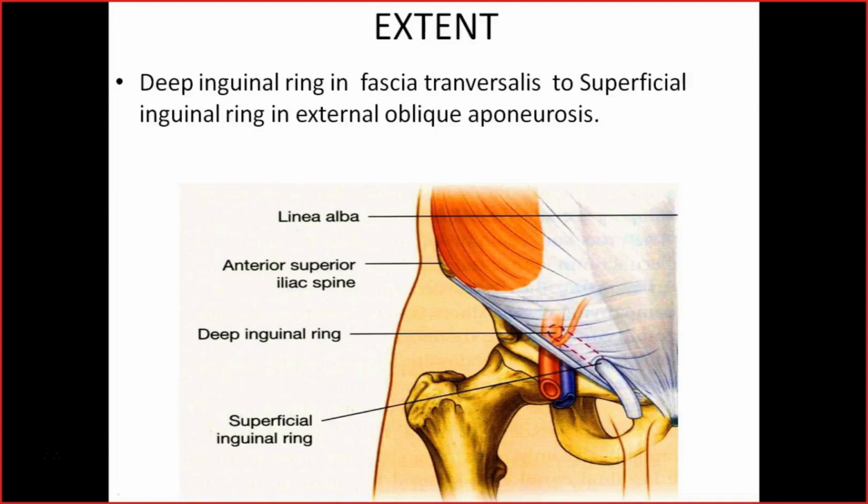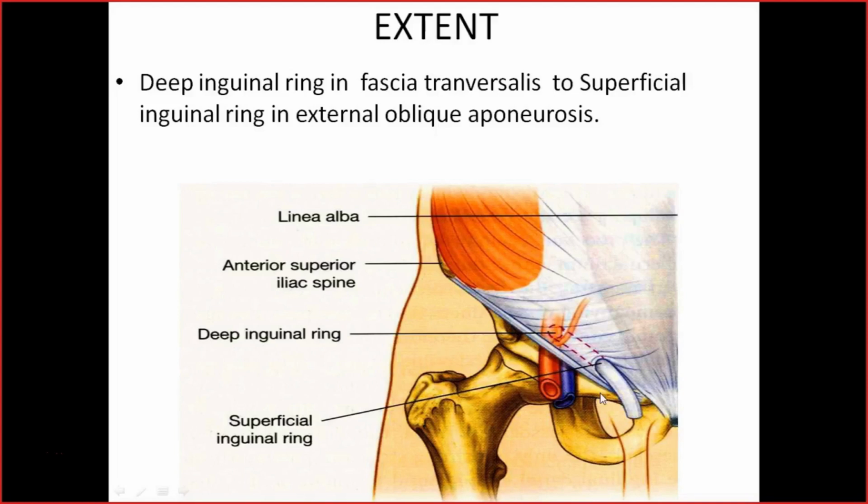After skin, superficial fascia, external oblique, internal oblique and transverse abdominis, we have a layer called fascia transversalis. In the fascia transversalis we have this opening. The deep inguinal ring is present as an oval shaped ring in the fascia transversalis. As it is present deeper, we call it the deep inguinal ring.